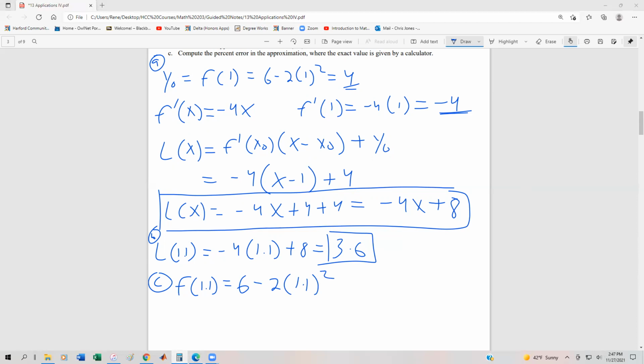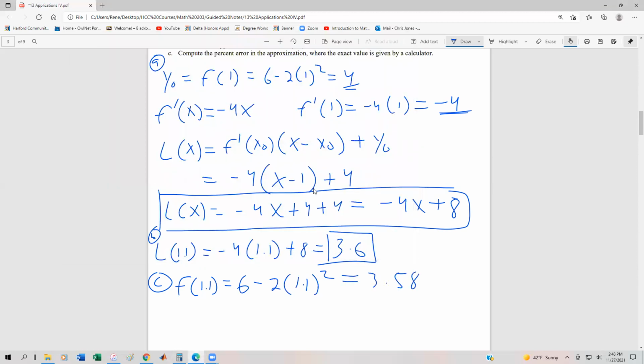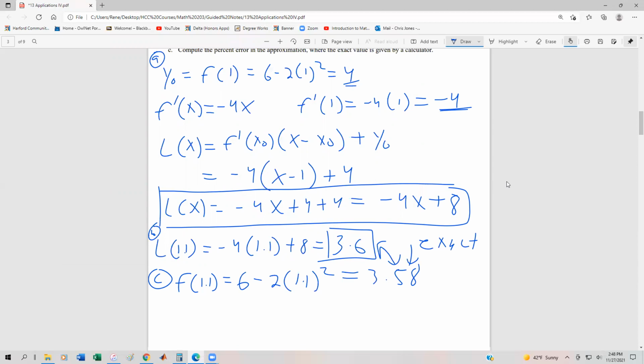In our calculator, we're just going to take 1.1 and square that number, multiply that by negative 2, and then add 6 to that. And so we end up with 3.58. Now, this is the exact value. And that's pretty good, because those two values are pretty close to one another.